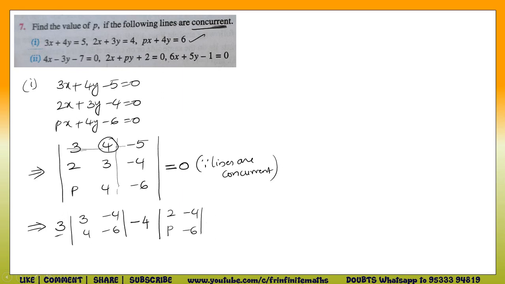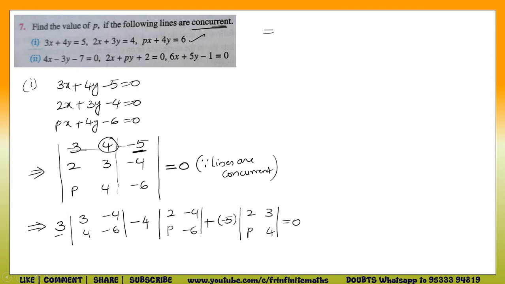Next, the sign convention is plus, and here I have -5, so -5 into the determinant of |2 3; p 4|. So this whole value is equal to 0.